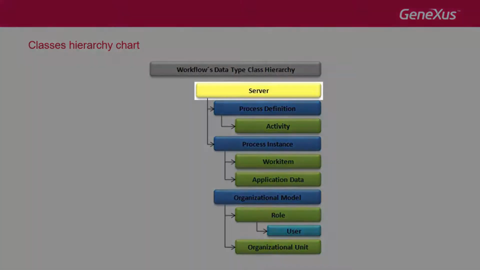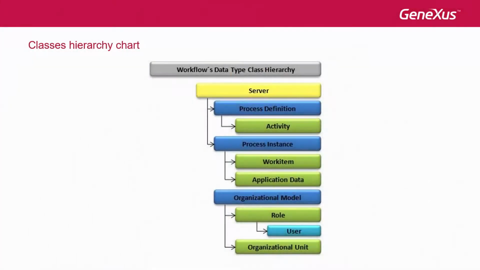The highest class is the server class, on which 3 other classes depend, namely Process Definition, which allows us to access the components of a process diagram; Process Instance, which allows us to access an instance of a process under execution; and Organizational Model, which allows us to access the information regarding the company's organizational structure, such as roles and users.